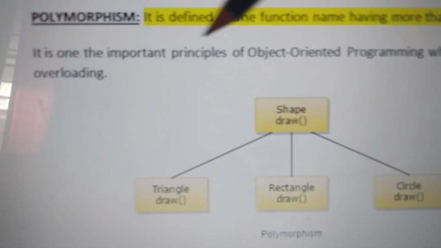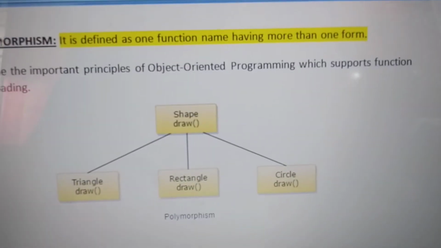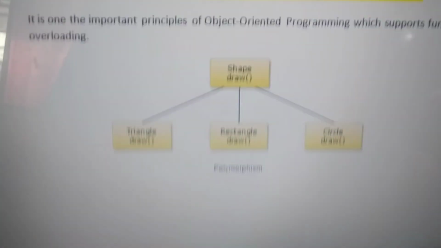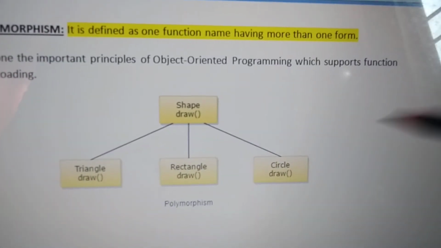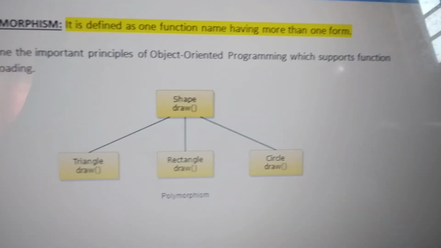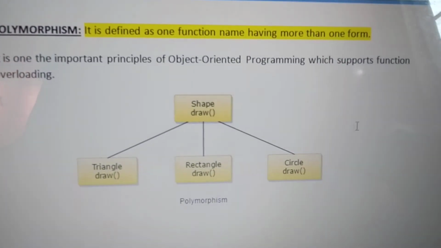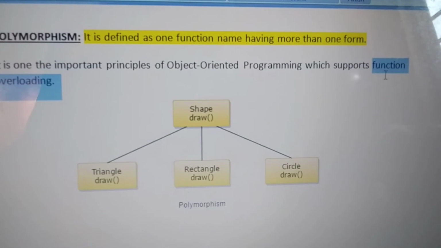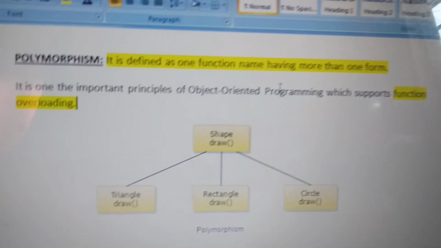It is one of the important principles of object oriented programming, which supports function overloading. A very, very important term: function overloading. Let's highlight this. This is a very important term that you need to know.